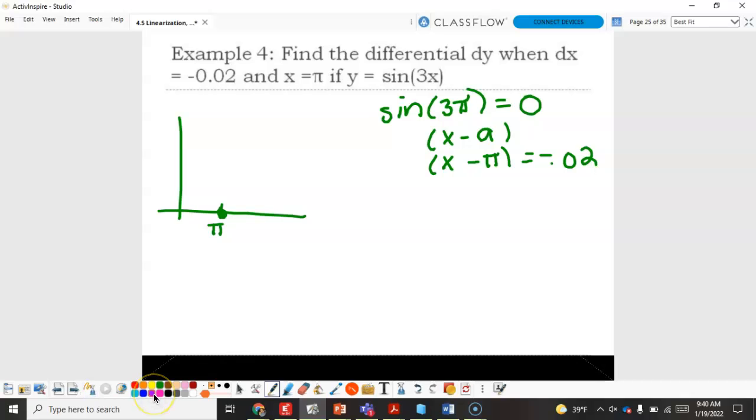So it's an overestimate? Well, we don't know yet. The change from here to there is negative 0.02. That's what I'm looking for, so this is the width. I want to know the height. That's what dy is.